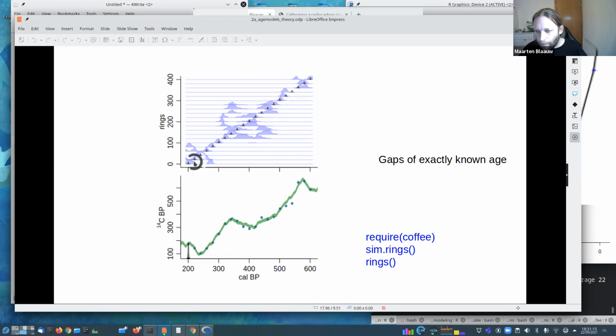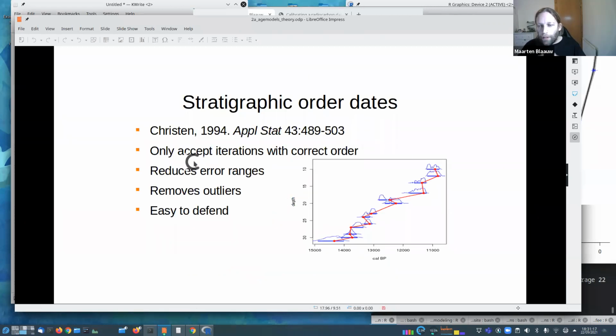All right. So stratigraphical order of dates is something that we already discussed. It's a very easy to defend approach or model or assumption in many lake records or other sites.